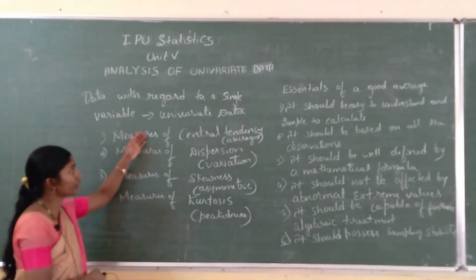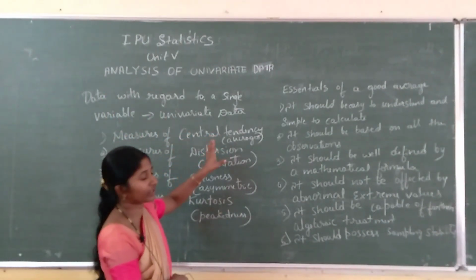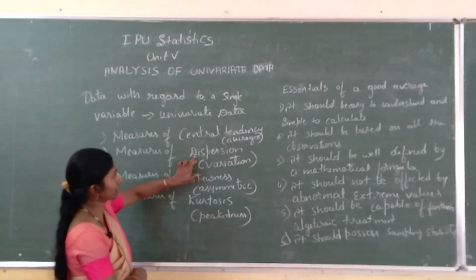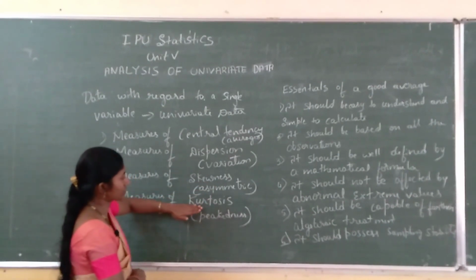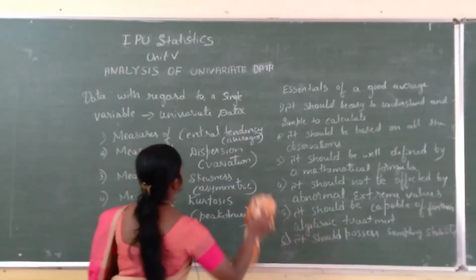So these are what we are going to study under analysis of univariate data: measures of central tendency, dispersion, measures of skewness, and measures of kurtosis. These we are going to study now.